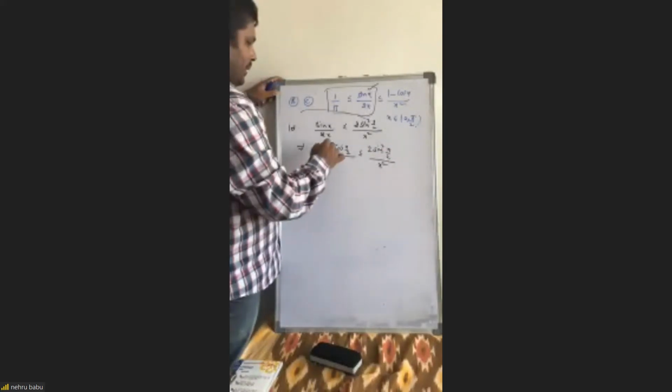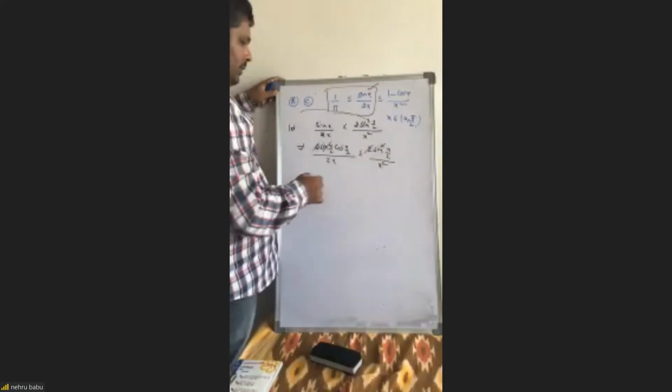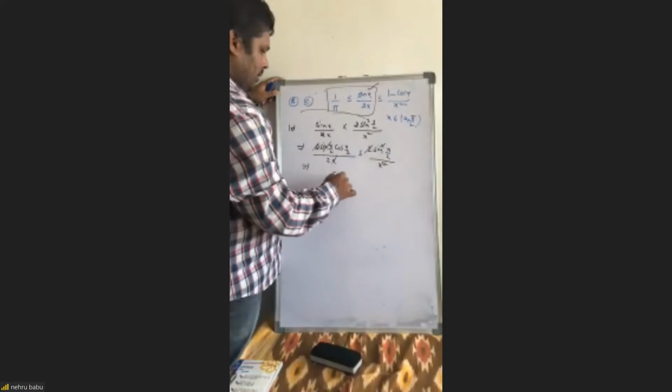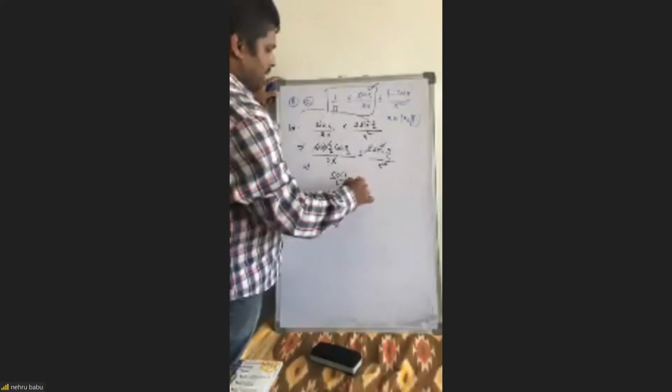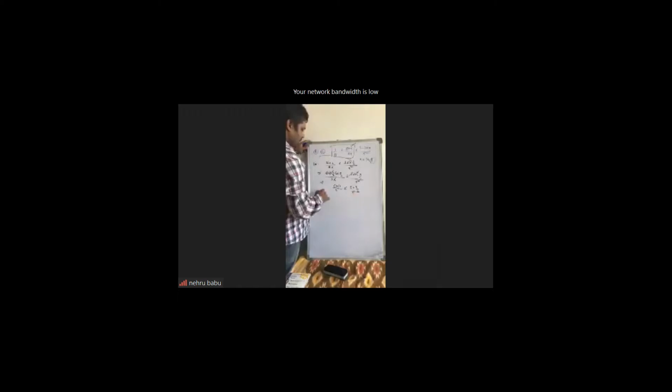Here 2 sin x by 2 cancel, and x also cancels. So we get cos x by 2 less than or equal to sin x by 2 by x by 2, which means tan x by 2 is greater than or equal to x by 2. We know this result is true.